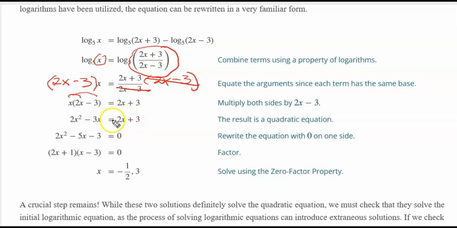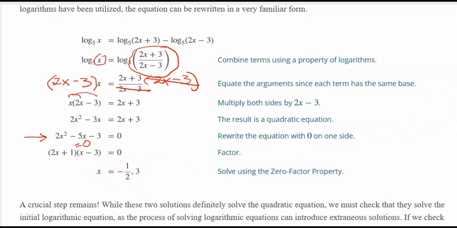We're going to then take all of our terms from the right side, bring them over to the left side, so we have a quadratic equation in standard form. And generally these will factor, and you take each of the factors and equal it to 0 using the zero factor property that we spoke of a long time ago. So we get as our roots, x is a negative 1/2 and x is a 3.